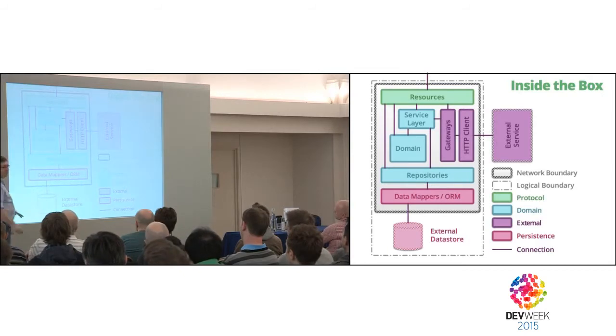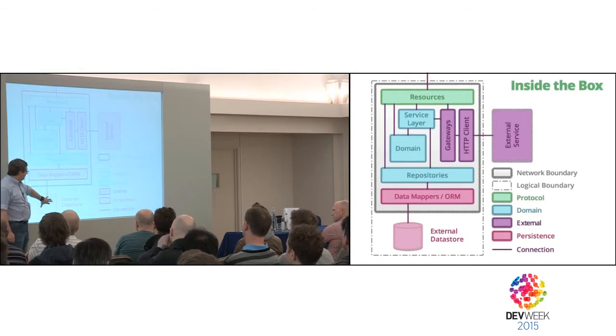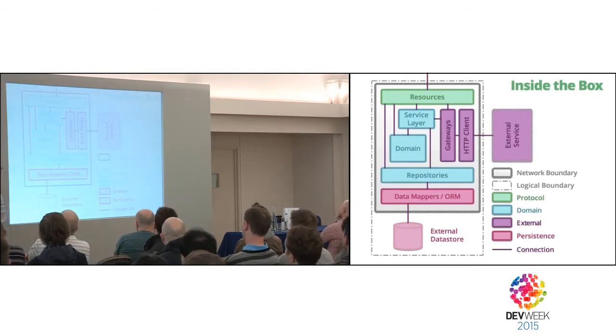This service layer, things provided by the service template for caching and all that sort of stuff. It has ways of interacting with external services via a gateway or some sort of lookup mechanism. It may have data repositories, internal, and then data mappers and ORM. It may have its own data store that's inside its bounded context, or it may interact with an external data store. So let's talk about the different levels of testing.